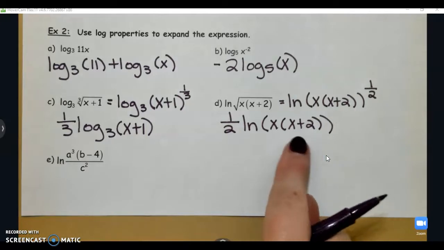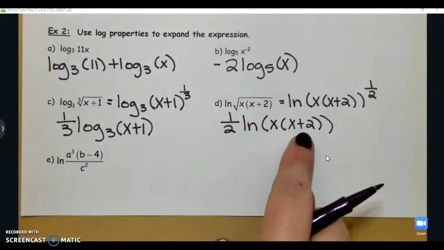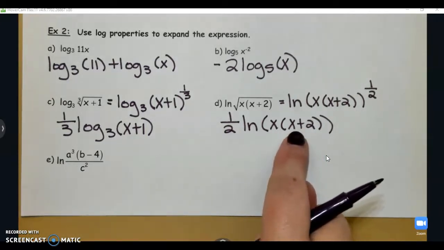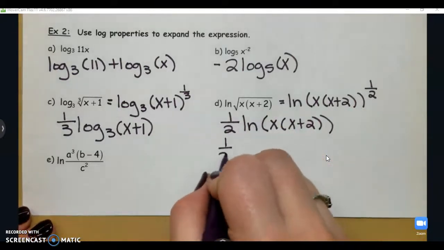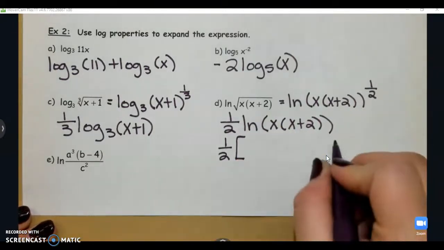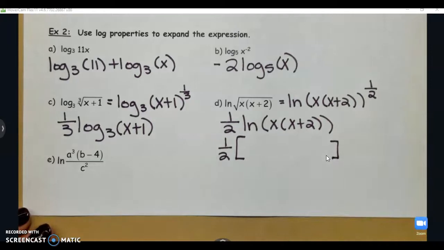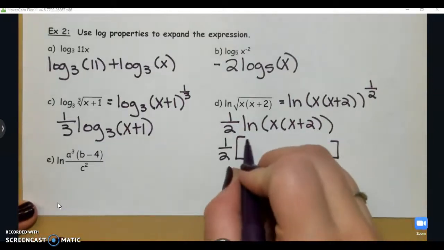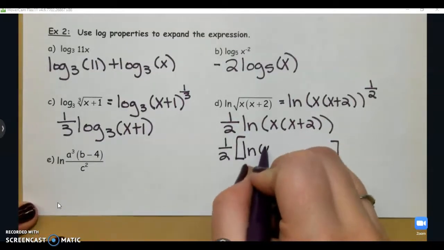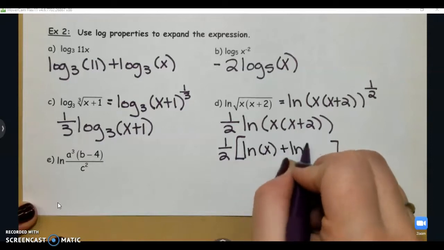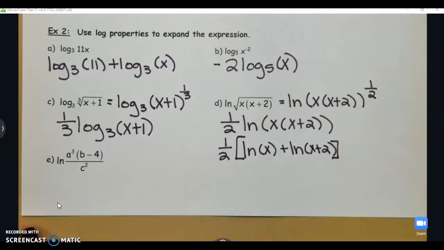Now, there's an additional piece that I can expand because I have a multiplication property going on inside. This 1/2 needs to stay on the outside, so I'm going to surround it with square brackets. And that x times x plus 2, that is our multiplication property, so I can expand that into natural log of x plus natural log of x plus 2. And there's my expanded expression for D.